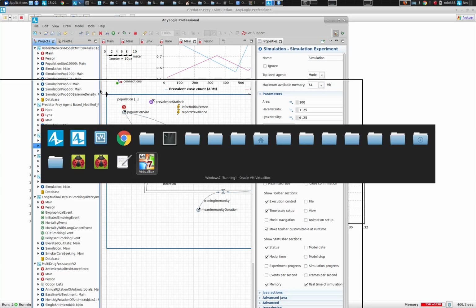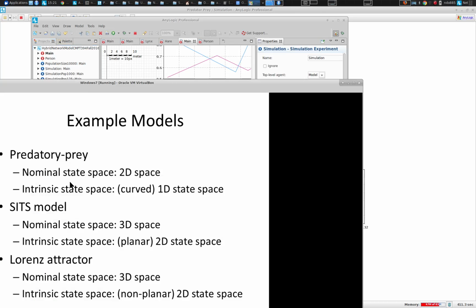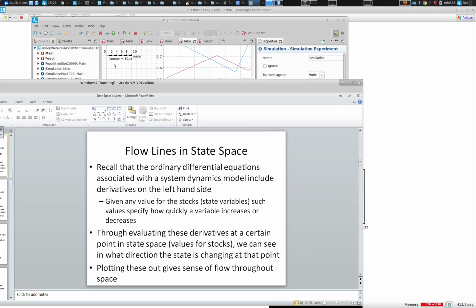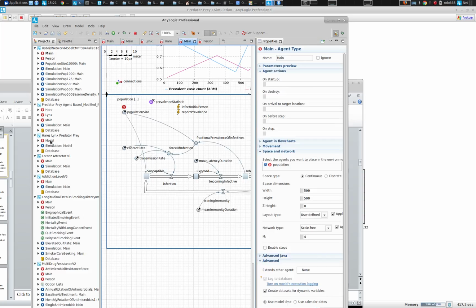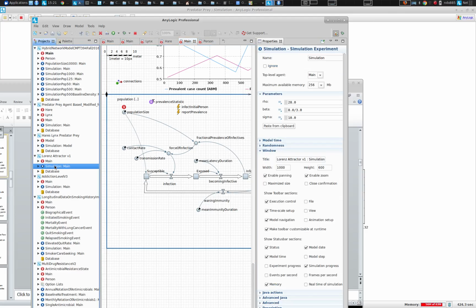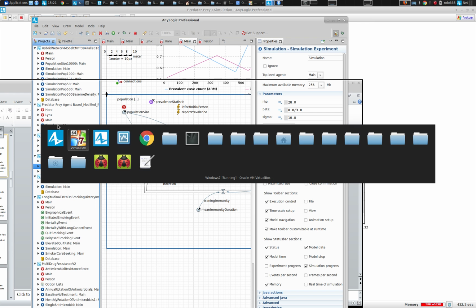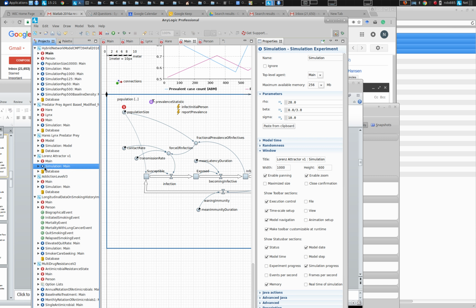Actually, let's first go to the Lorenz Attractor. And what we'll see is it's a 3-dimensional model. So we're going to run that again, okay? I'm going to stop this one, and I will go run the Lorenz Attractor model.